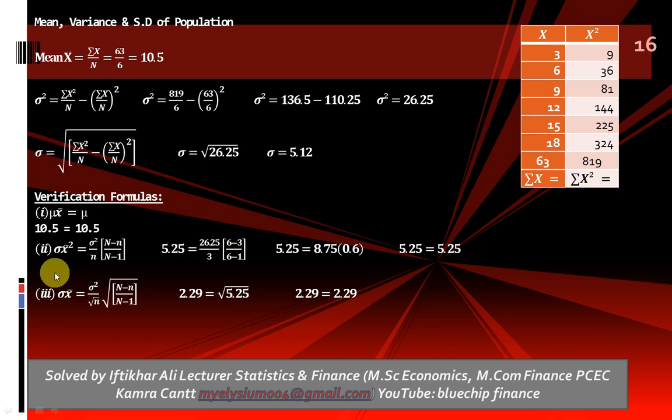After that, the sample variance is equal to the population variance divided by the sample size, multiplied by population size minus sample size divided by population size minus 1. And after putting the result into the right side of the equation, the population variance is also equal to the sample variance. And in a similar way, by applying this formula, the sample standard deviation should also be equal to the population standard deviation. So here you can see.